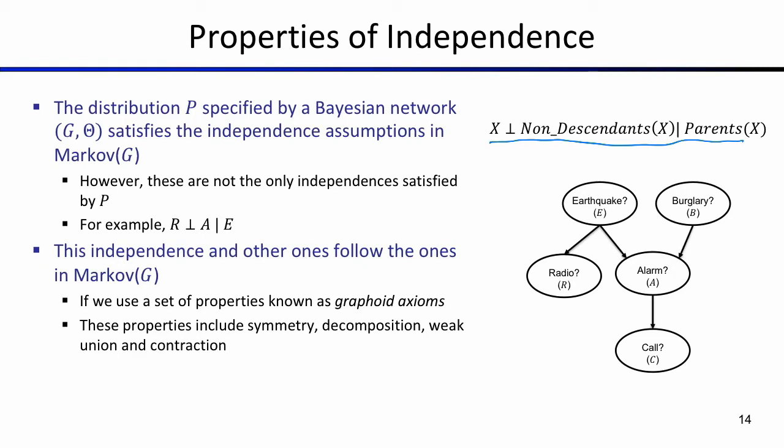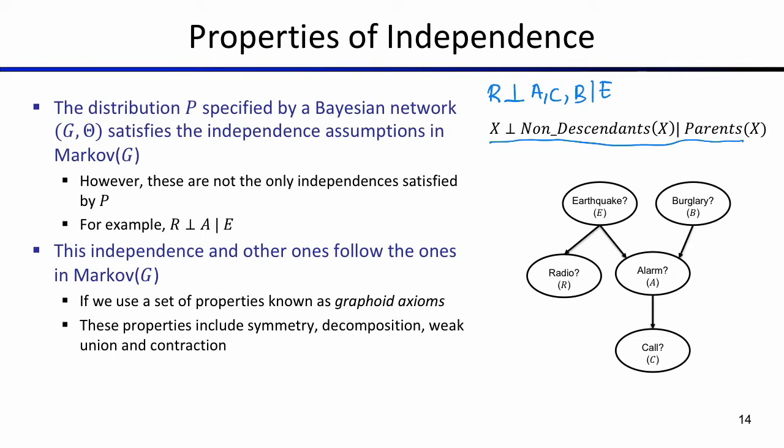So for instance, if we take the variable r, we know that r is independent of all non-descendants. So r has not a single descendant here. So the non-descendants are a and c and b given its parents, and it has just one parent, and that's e. So we have this assumption that is encoded in this graph structure.